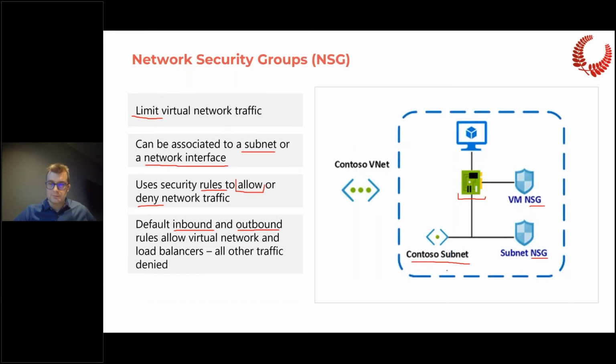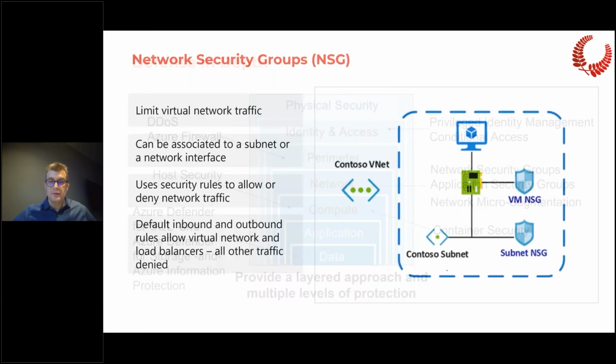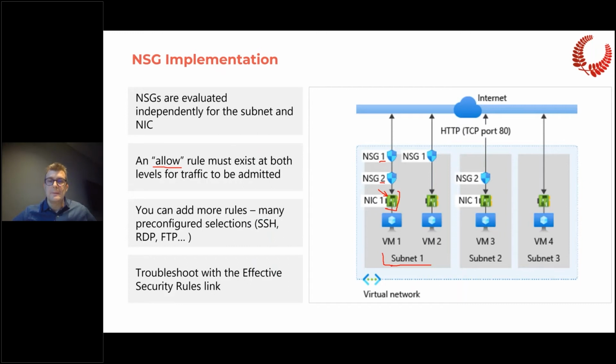Why? If you have both, then you can selectively, for example, if you have multiple virtual machines in there, say virtual machine 1 has to have rule 1, and virtual machine 2 has to have rules 2 and 3 available.